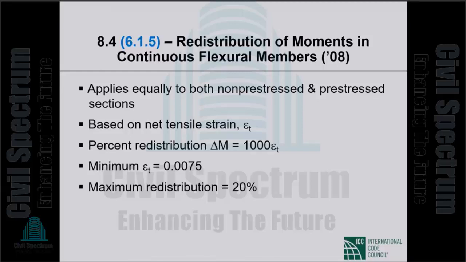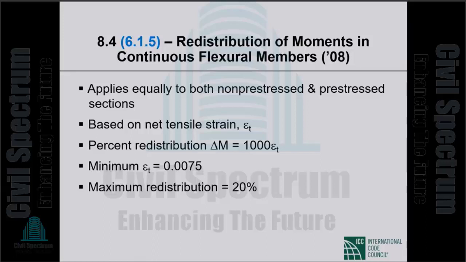So we are now talking about redistribution of bending moments. Applies equally to both non-pre-stressed and pre-stressed sections. The moment redistribution now is based on net tensile strain, epsilon sub t. The percent redistribution that you are allowed is 1000 times epsilon sub t.